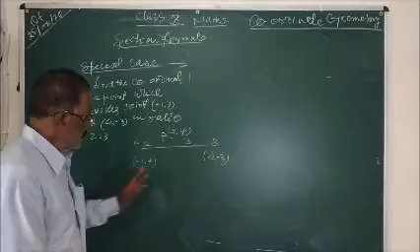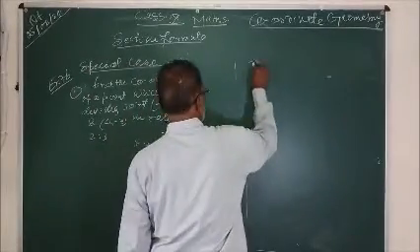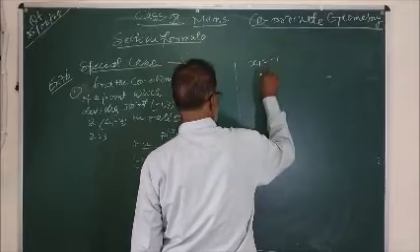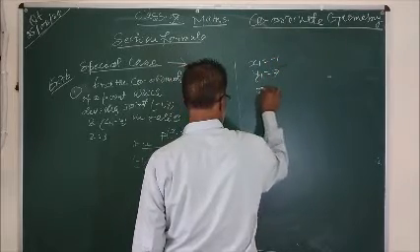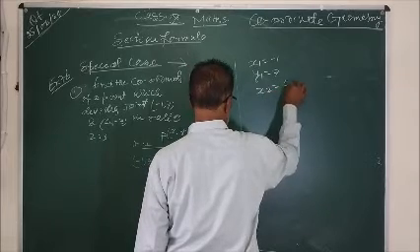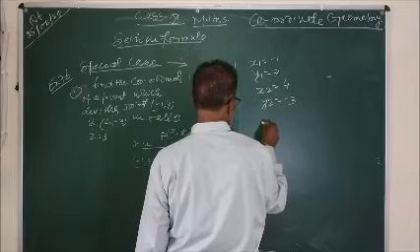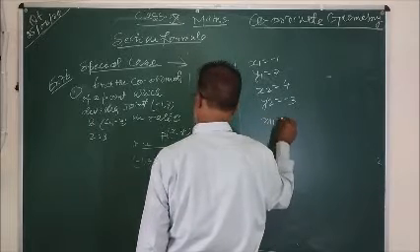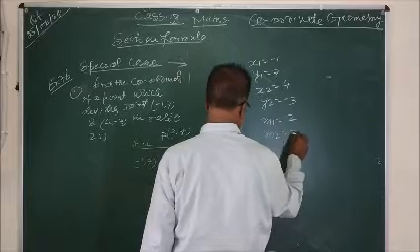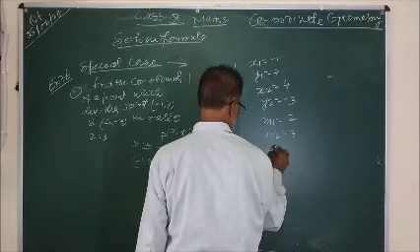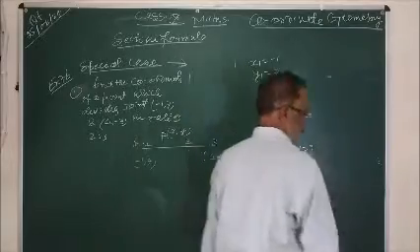If you compare this question with the section formula, you can write x1 is -1, y1 is 7, x2 is 4, and y2 is -3. And m1 is 2, and m2 is 3. You have to find x is equal to and y is equal to.